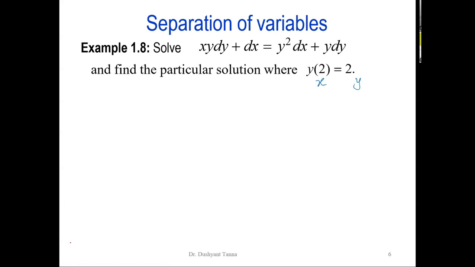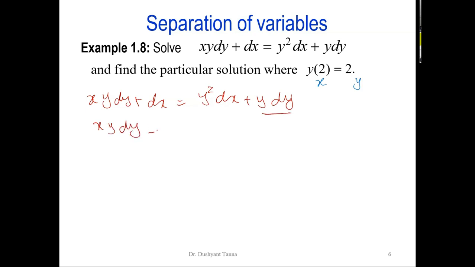Right. So I'll start with the question: xy dy plus dx is equal to y square dx plus y dy. Obviously, the first step is to collect the dy and dx terms, keep them together, and simplify where you can. So I got an xy dy here.